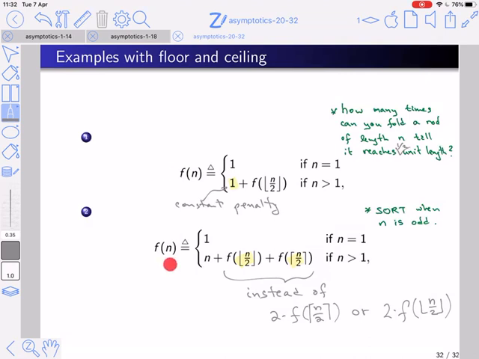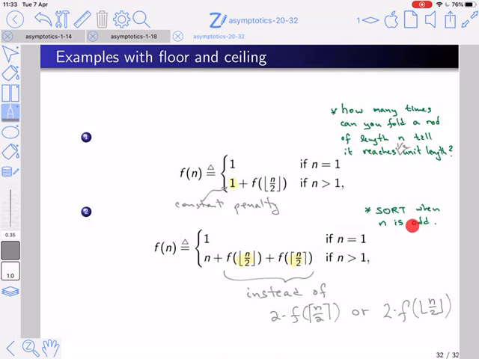Let's look at the second recurrence. It's very similar to recurrence number 2. In this recurrence, instead of applying f twice to n divided by 2 rounded down, or twice to n divided by 2 rounded up, we apply it once with respect to rounding down and once with respect to rounding up. And you may ask, why is this recurrence interesting? In fact, it's interesting because of the merge sort that we saw when n is odd.